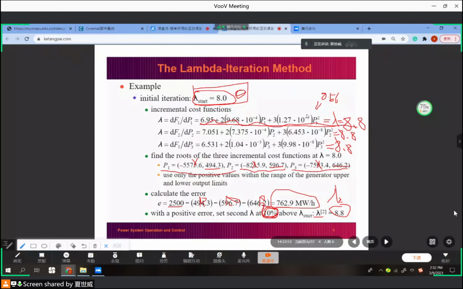That means you have to solve P1 from this equation, P2 from this equation, and P3 from this equation. However, if this expression is very complicated, for example with exponential functions, it's very difficult to solve for P1, P2, and P3.